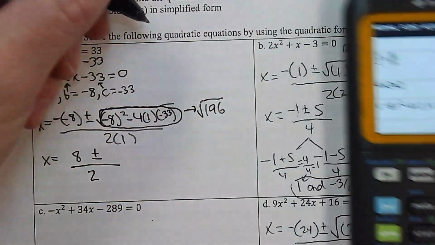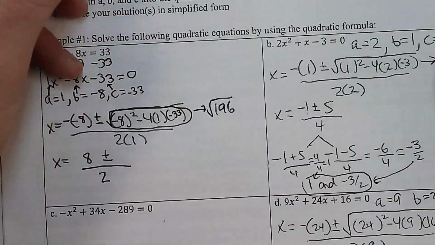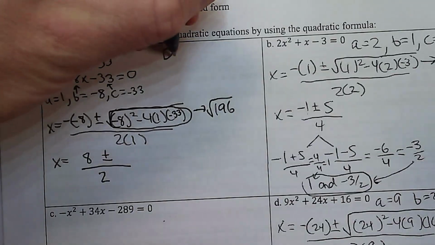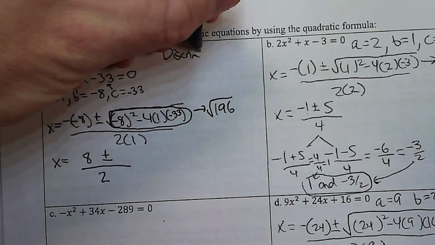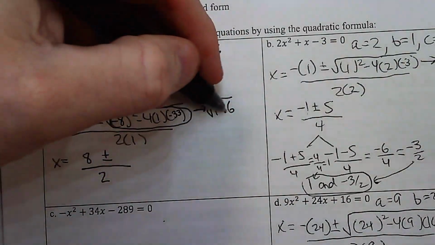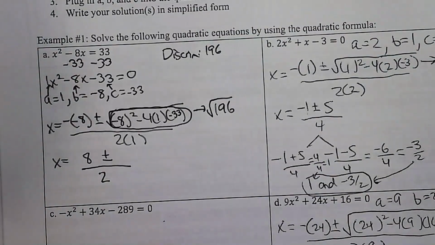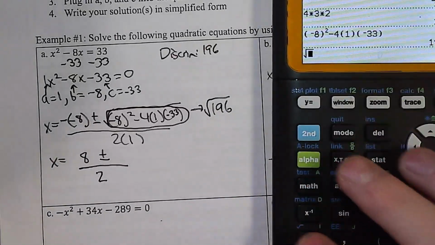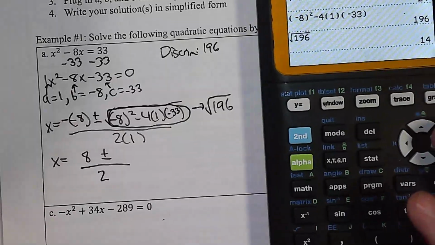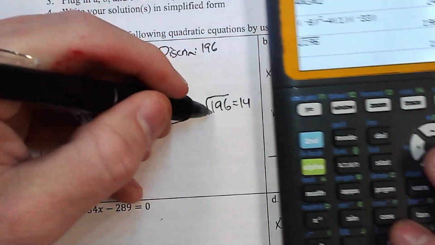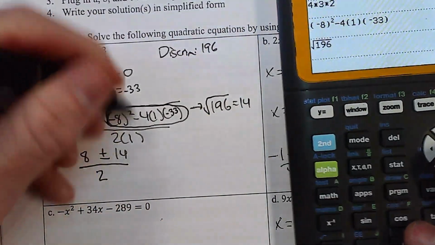By the way, this 196 is called the discriminant. It's the number underneath the square root. Now, is 196 a perfect square? The square root of 196 is equal to 14, so it's a perfect square. So I'm going to put 14 there.